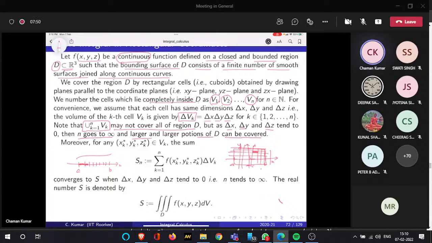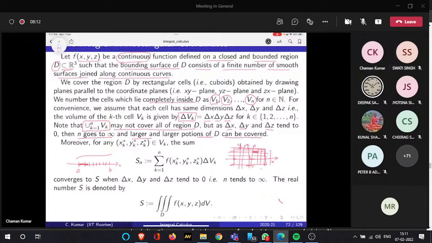So these rectangular cells we can identify, and then we refine our partition in such a way that delta x, delta y, delta z go to 0. In other words, the number of cells goes to infinity.